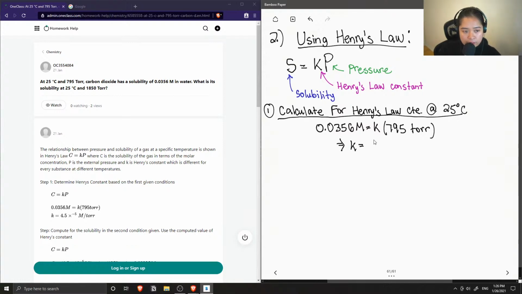So 0.0356 moles per liter divided by 795 torr gives us a K value of 4.478 times 10 to the negative 5, and the units are moles per liter divided by torr.